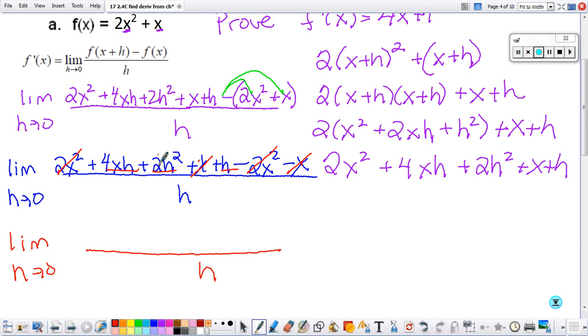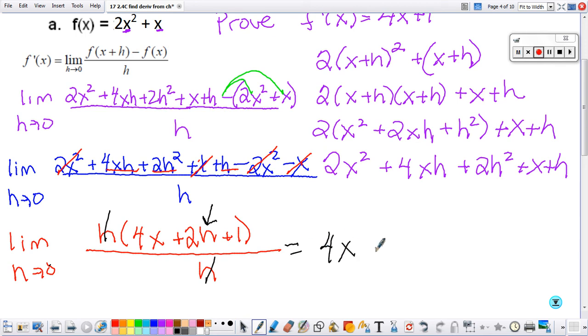And because all three of these terms have an h, I can factor out an h. Here, this is going to be 2h, and this one's going to be 1. So the h's cancel. Now I can plug in 0 for any h. So that's 4x plus 0 plus 1. And we proved what I said up here the derivative was going to be.